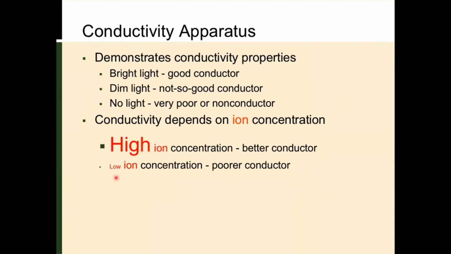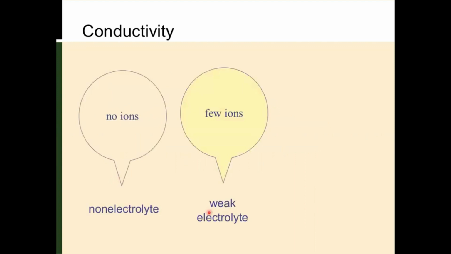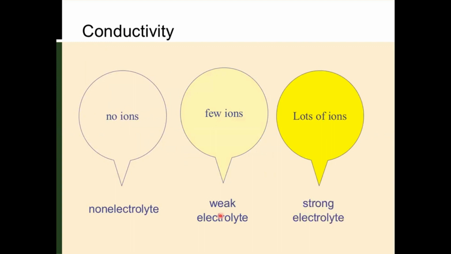If we don't have a lot of ions, it's going to be harder for the solution to transport the current. Few ions, we have a weak electrolyte, and lots of ions, we have a strong electrolyte.